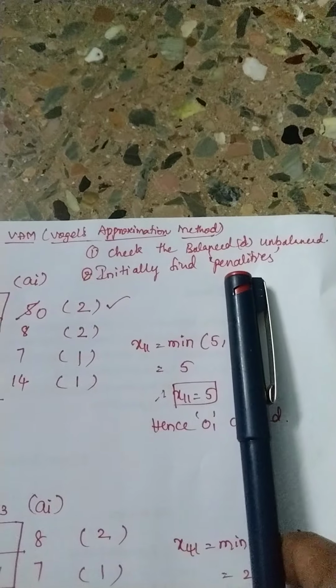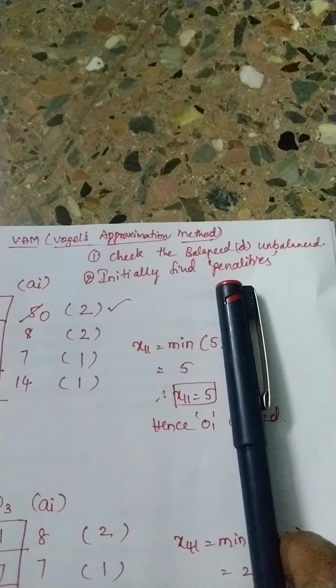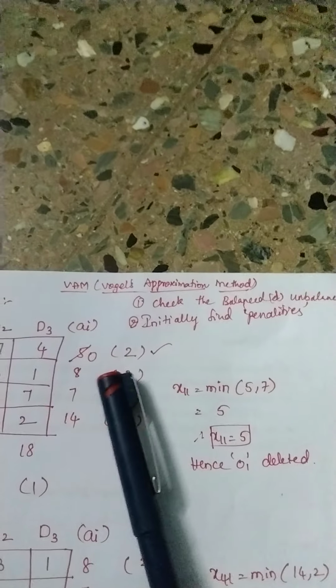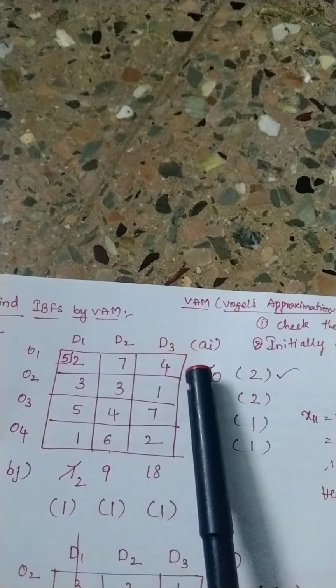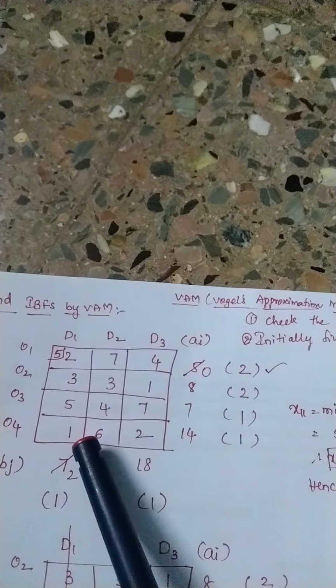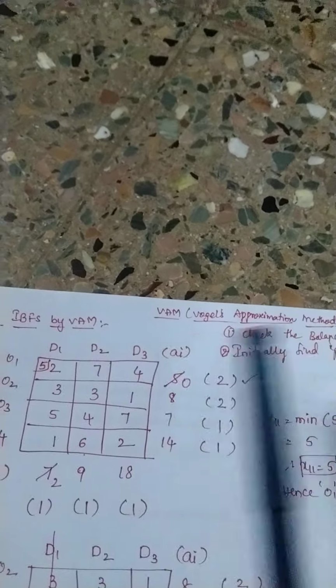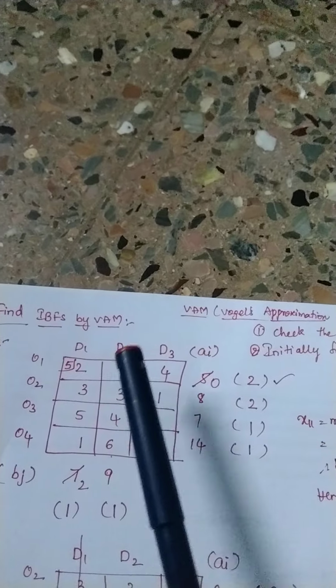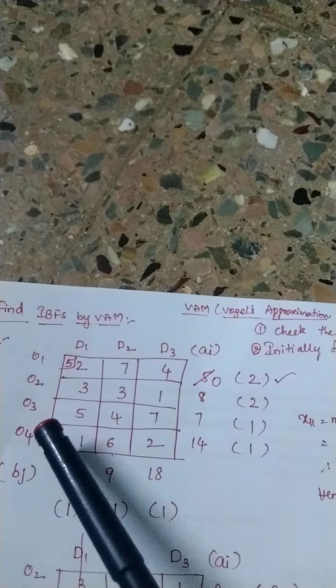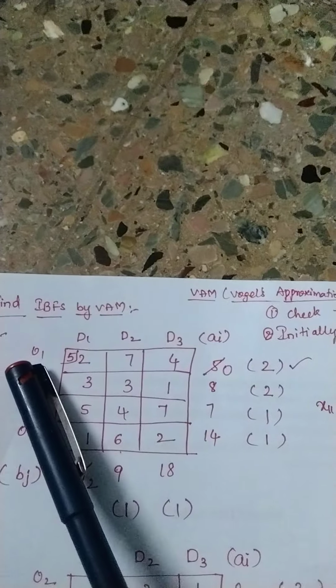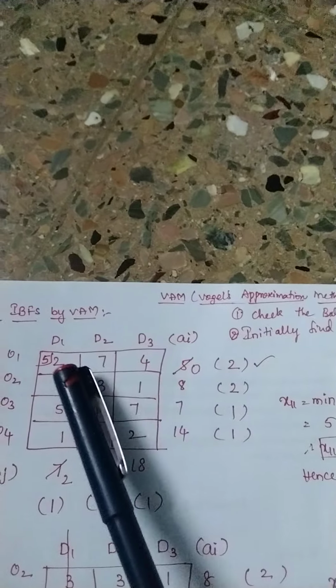Now what is the second step? Initially find penalties. What is meant by penalties? We have to find the least value from each origin and from each destination. First I will tell you about the origins, then you may find out for the destinations. For the first origin O1, what is the least value? 2.